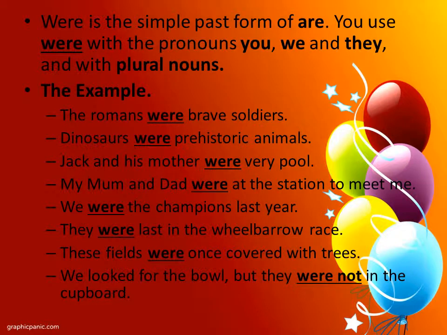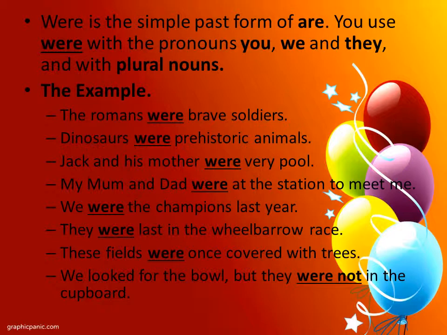Were is the simple past form of are. You use were with the pronouns you, we, and they, and with plural nouns. For example: the Romans were brave soldiers. Dinosaurs were prehistoric animals. Jack and his mother were very poor.